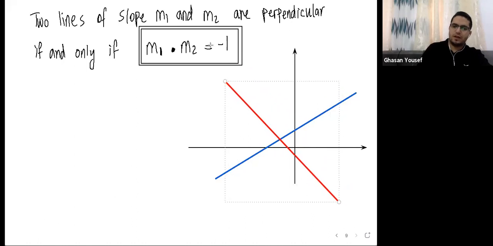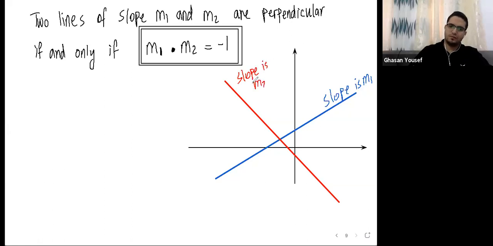Both of the lines intersect, and they are perpendicular. Suppose the slope for the blue one is m1, and for the red one the slope is m2.